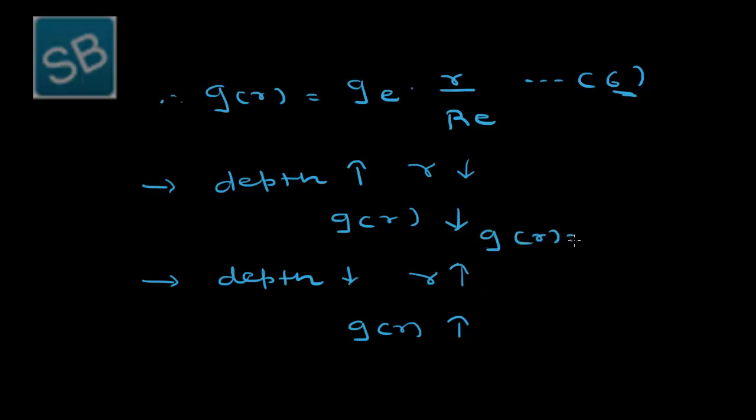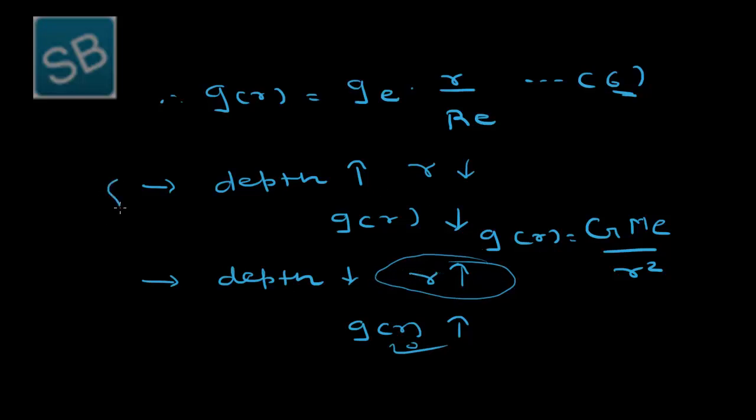And such kind of relation can be given by this relation that g of r is equal to G Me over r square. But here we can see as the value of r increases, the value of gravitational acceleration is also increasing. But this is possible whenever the distance is equal to re or less than re.